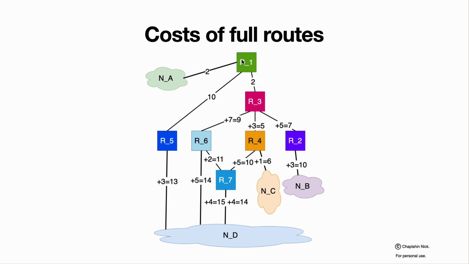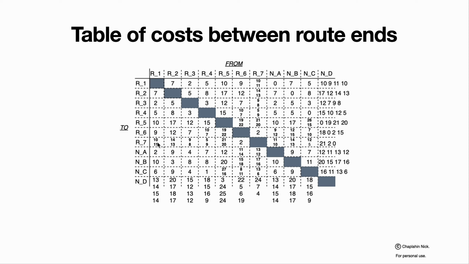Those paths or routes are the following: R1, R3, R6, R7, or R1, R3, R4, R7. We calculate the cost of both routes, add them to the table, and in the cell we have those values, 10 and 11.